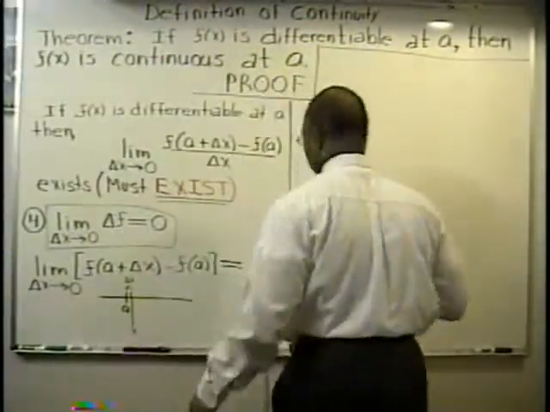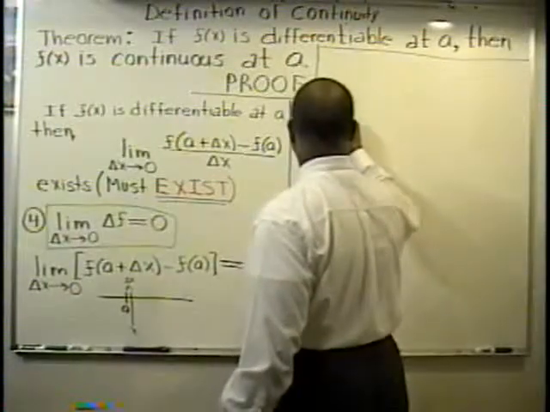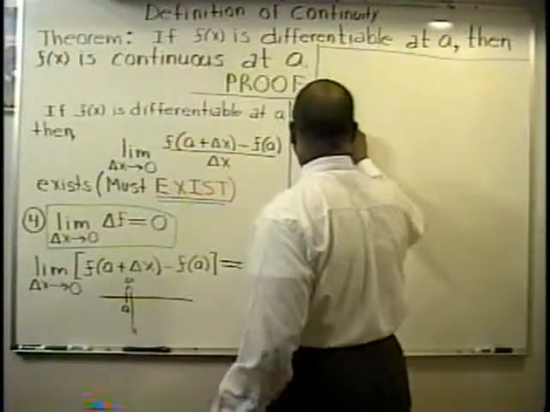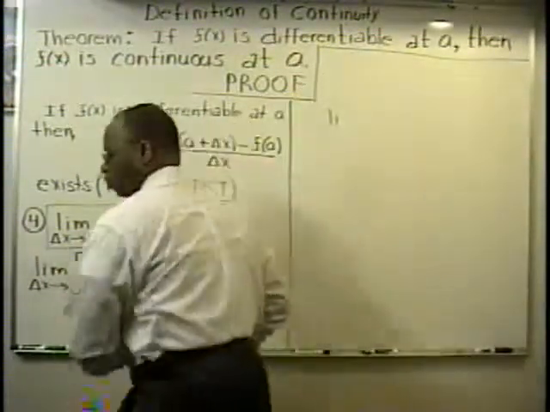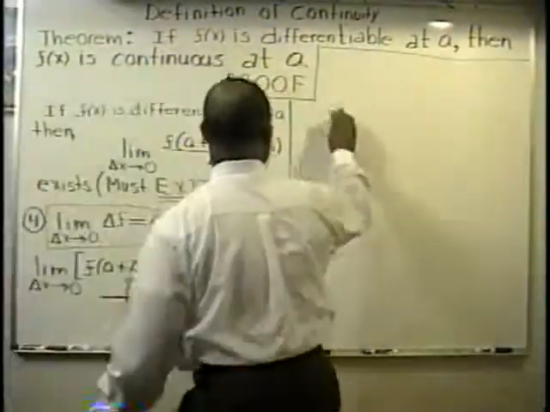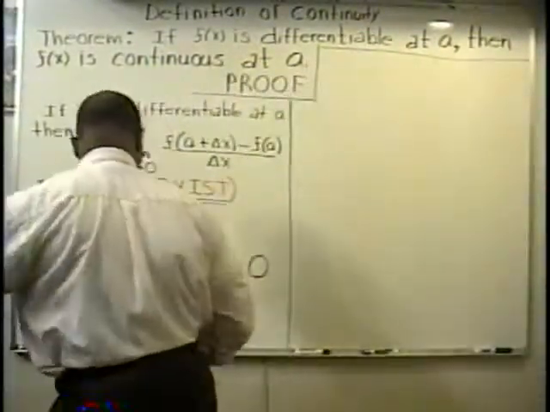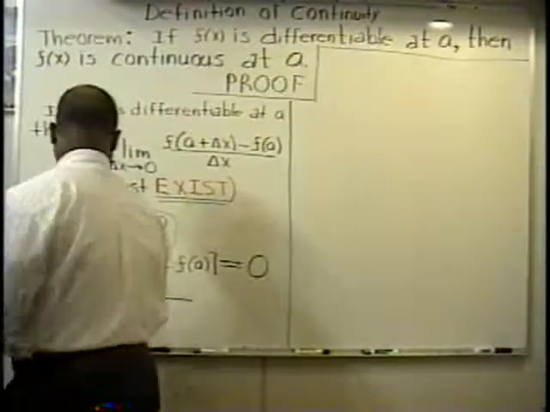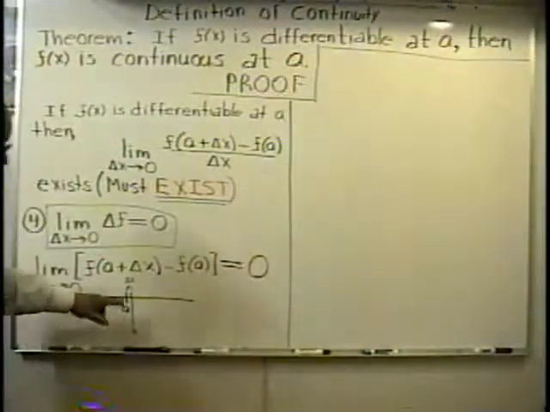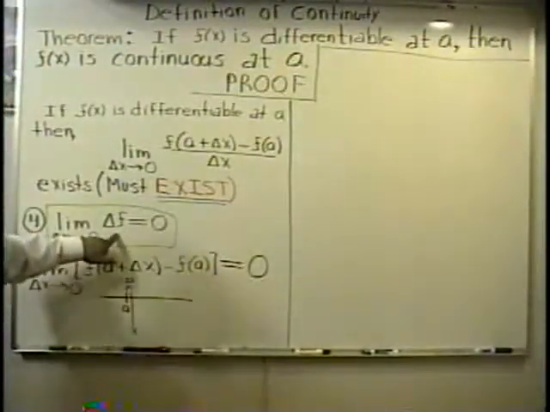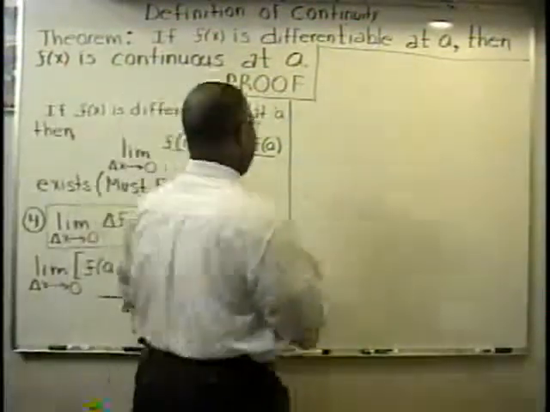So now, here's what we have. I have the limit. Oh, wrong color. So I'm going to rewrite this. Now, using this expression that represents delta f, here's what we're going to have.